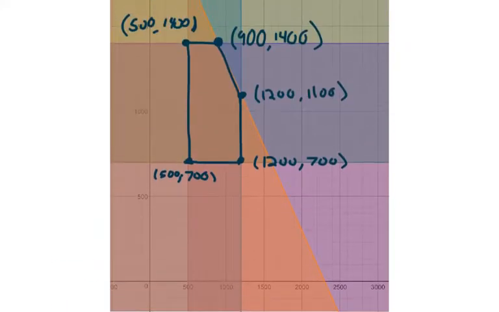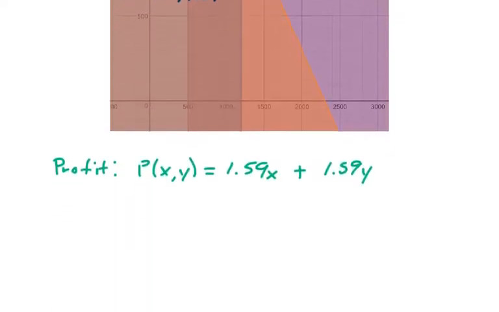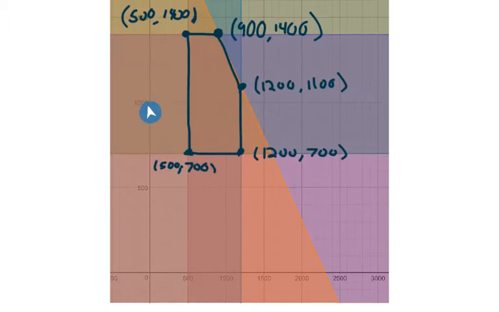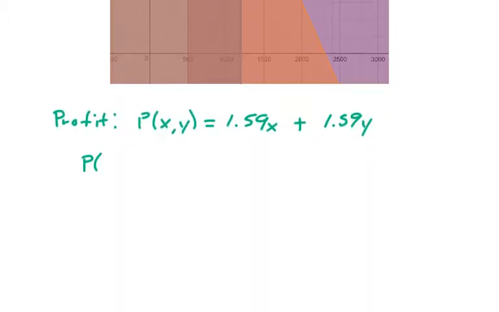Now we have to check which one of these 5 points gives us the maximum profit, and this is going to be calculator work. I did it in the calculator. I'm not saying you shouldn't. Use the technology that is available to you. So let's start down here at the lower left, and we'll work clockwise. So 500, 700 is going to be first.